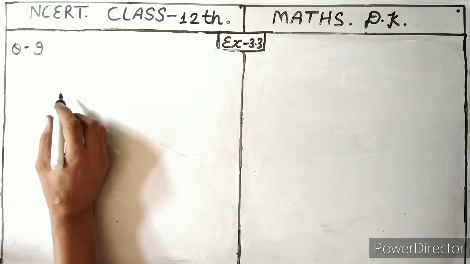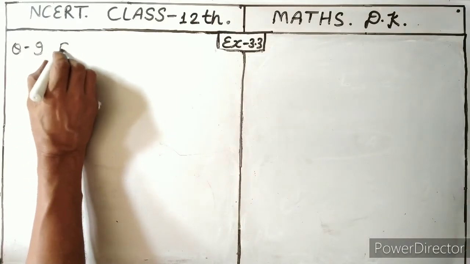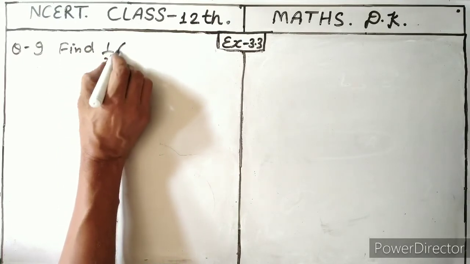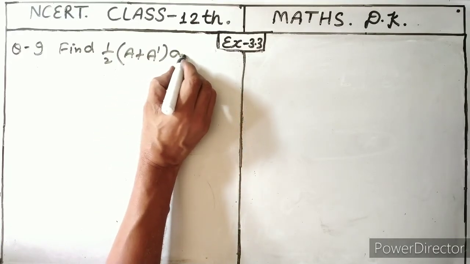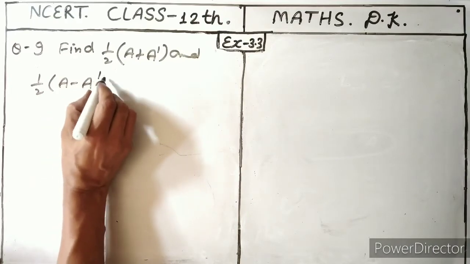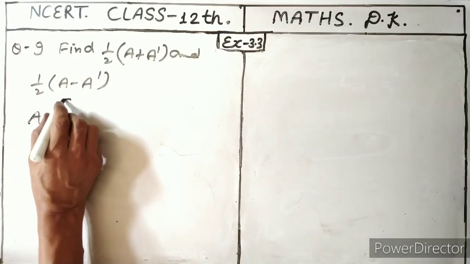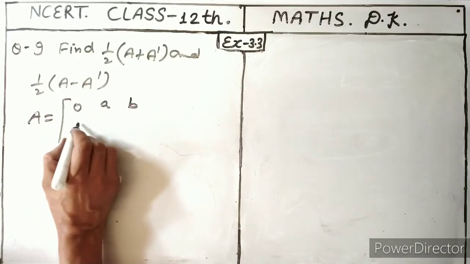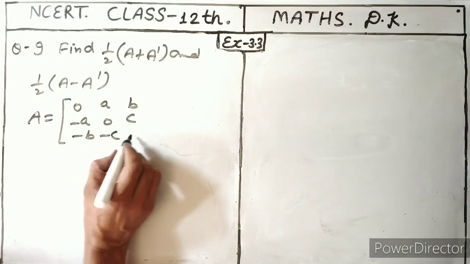In question number 9, find 1/2 A plus A transpose and 1/2 A minus A transpose. We have A matrix as 0 a b minus a 0 c minus b minus c 0.